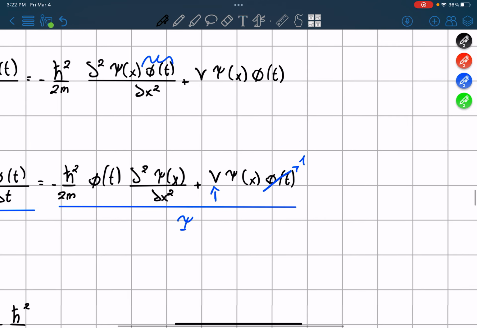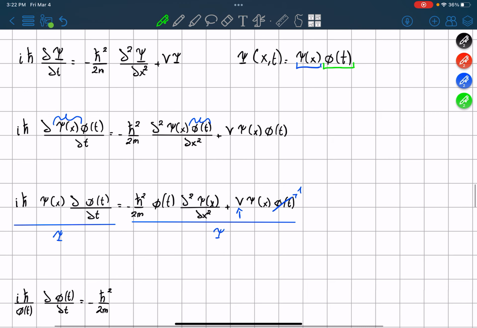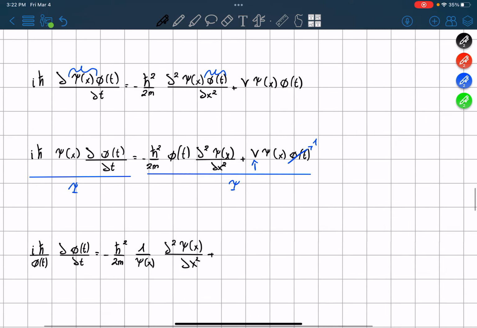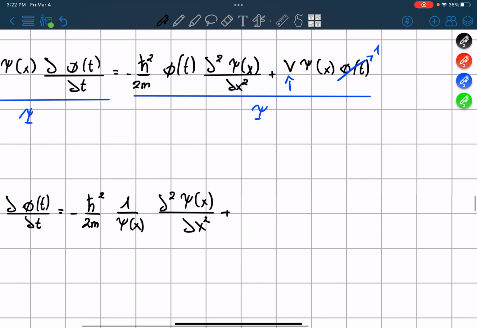Remember, it's going to be equal to, as we said at the beginning, this part over here, and so we get 1 over little psi in terms of x, the second derivative of our little psi in terms of x, plus, well, we divide here, actually sorry, here we would simplify our time and everything, so we'll just get V.